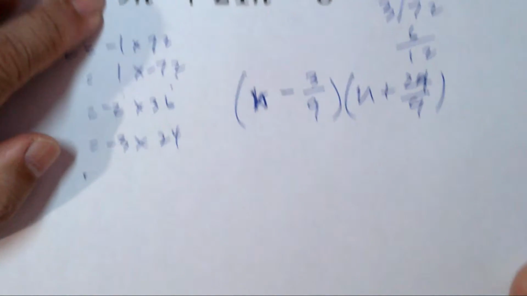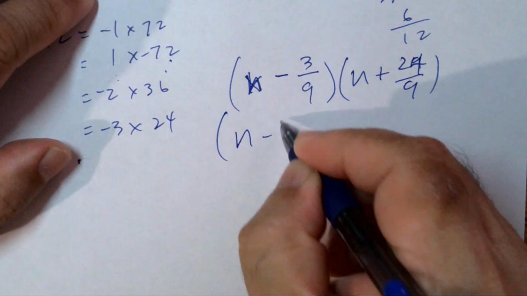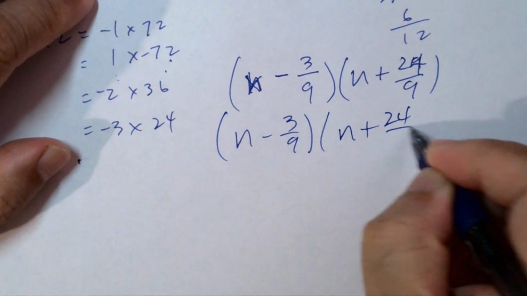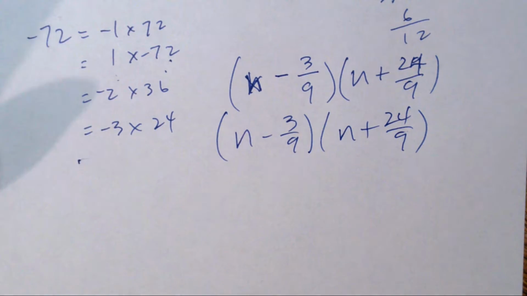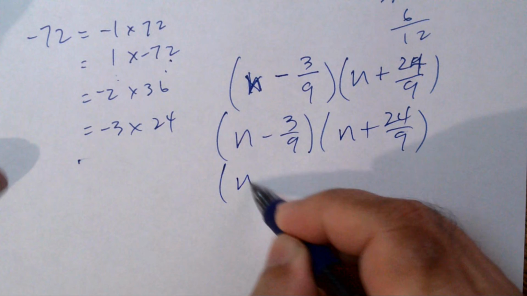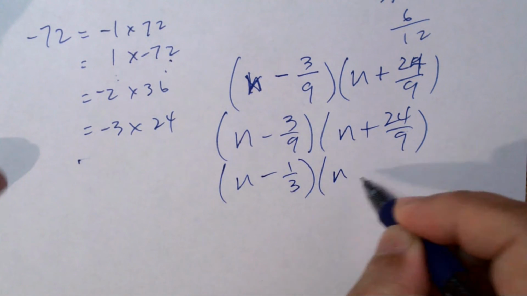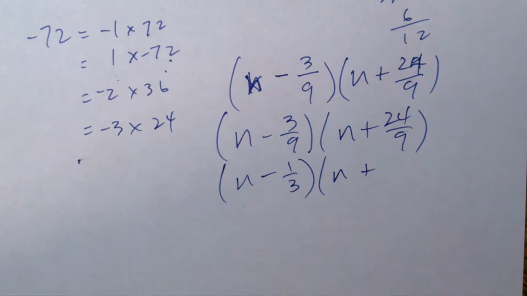I'm going to rewrite that so you can read it. n minus 3 ninths, n plus 24 ninths. Now make sure you reduce. So the 3 ninths becomes 1/3, and 24 ninths becomes 8/3.